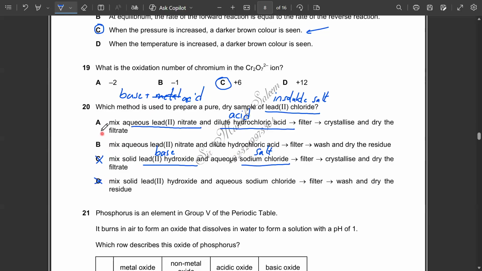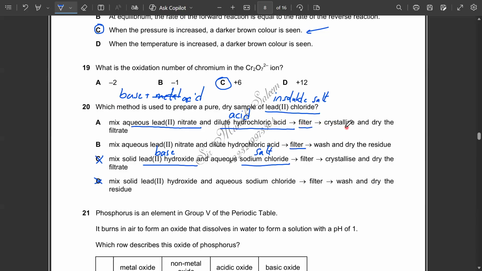So we are left with options A and B. Now in options A and B, we look at the other steps required for salt formation. After the reaction is done, we do require filtration because filtration will separate the solid part from the liquid part. Solid is this salt here and liquid is the soluble solution.